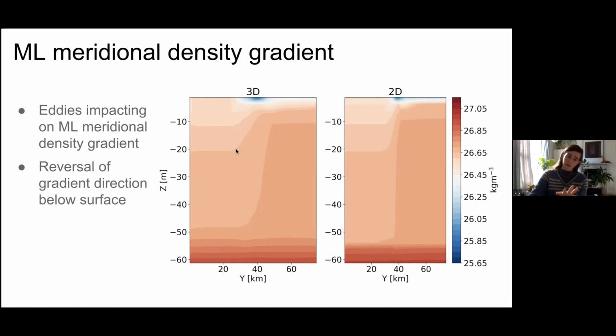But there's a reversal of this density gradient from freshwater dominated at the surface to temperature dominated below. And this illustrates how the eddies have acted to slope these isopycnals, and in the 2D the fronts remain sharper.